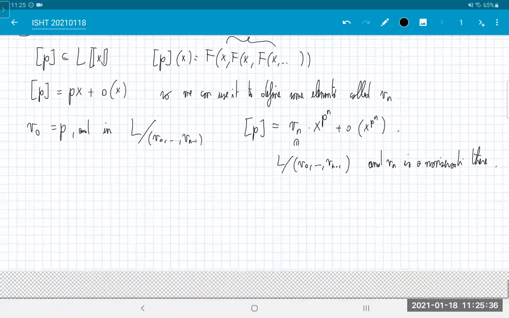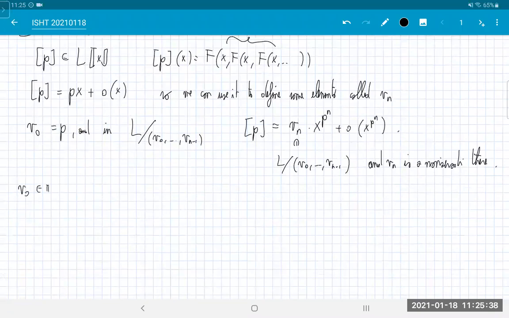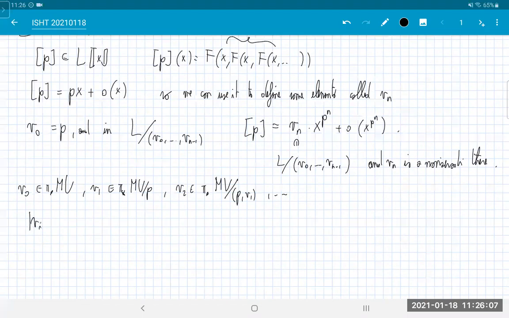Okay. So we have these elements. We have v_0 in pi star of MU, which is L. We have v_1 in pi star of MU mod p. We have v_2 in pi star of MU mod (p, v_1), etc. You have this sequence of elements. Oh, and maybe I should say that v_i is in degree 2(p^i - 1).